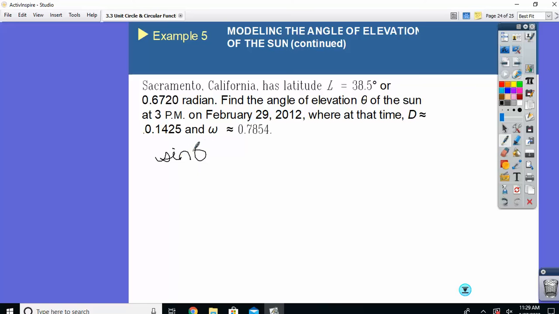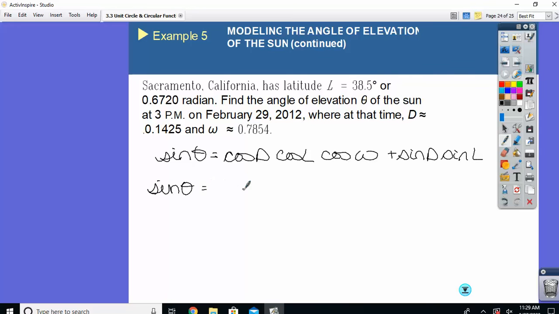So we have this formula that we wrote down. All right. My whole goal is to find theta, so I don't know that. But I do know all these other values.